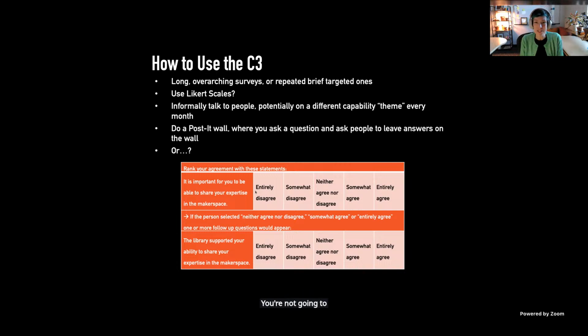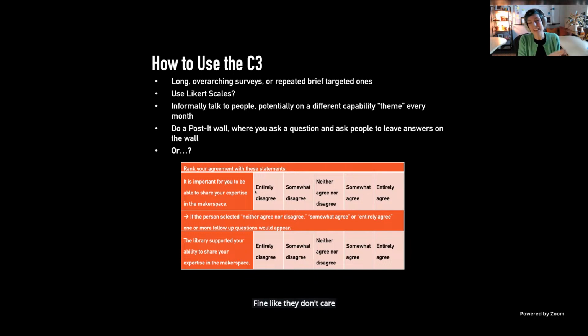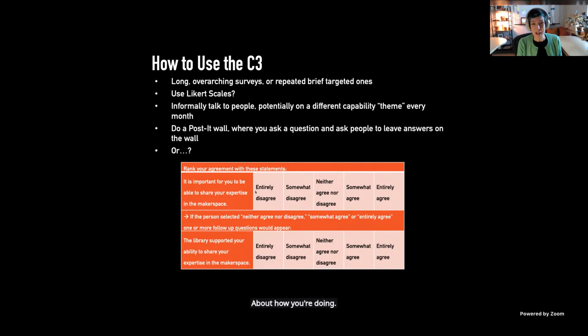It will be skewed. If you say, so how well are we doing with that 3D printing stuff? And this person has no interest in 3D printing, they'll be like, fine. They don't care. It's not important. So don't ask them how you're doing if they don't care about how you're doing. That's something that you should know about.